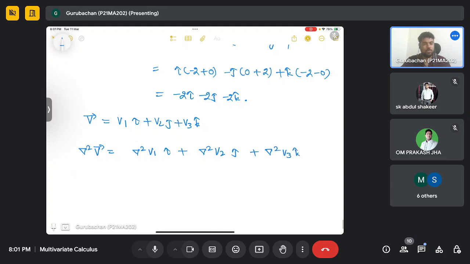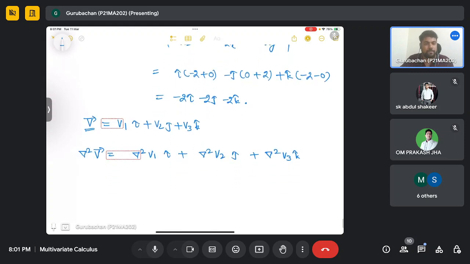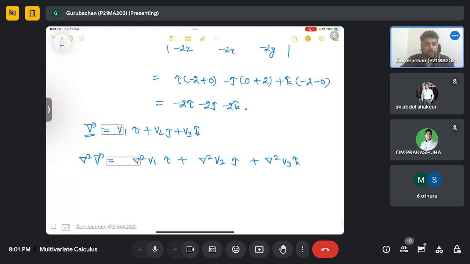Okay, so it is a vector quantity. If it is not a vector here, then you can say that it is a scalar quantity. Any doubt regarding this particular one? Doubt cleared. Okay.